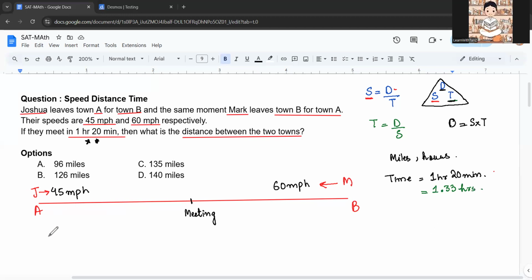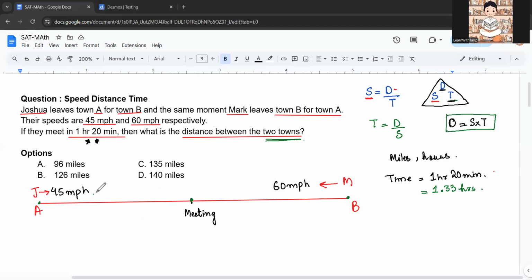Okay. Now, what do we need to find? The distance between the two towns. The distance between the two towns is, what distance did Joshua travel till the meeting point, and what distance did Mark travel till the meeting point, right? And distance is speed times time.